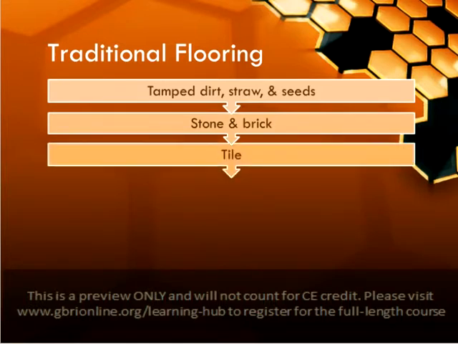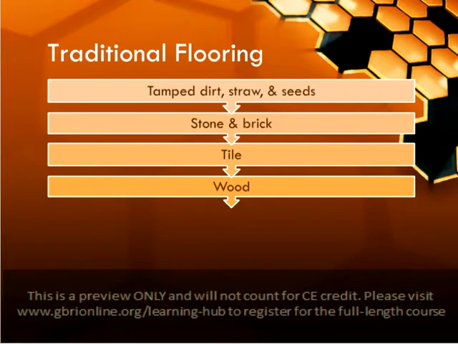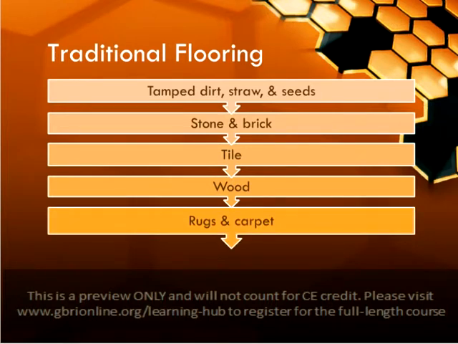Tiles came along next and allowed for more aesthetic options, such as tile mosaics. Wood flooring became popular in the Middle Ages, when Europe was heavily forested. Woven flooring, such as rugs and carpet, have existed for thousands of years, but advances in the textile industry have made them steadily more durable and affordable.